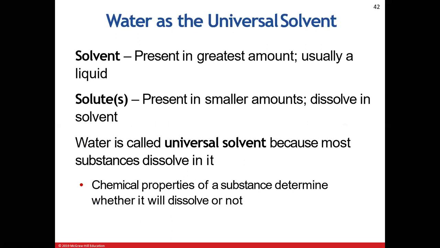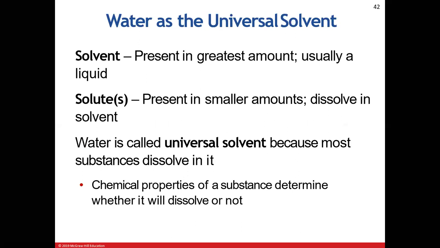And so then, one of the major characteristics that we look at water for is as a universal solvent. Water as a solvent, or a solvent in general, is present in the greatest amount. Usually it's a liquid, and oftentimes it's water.